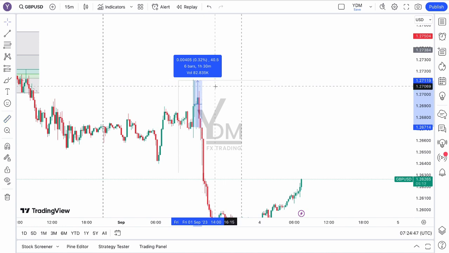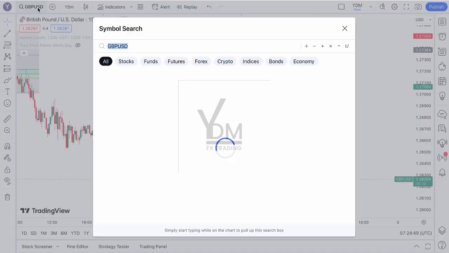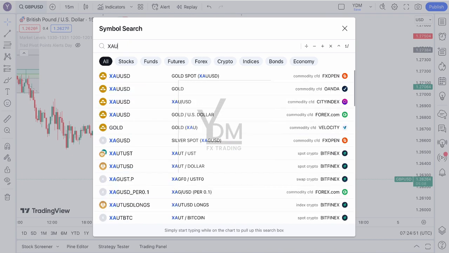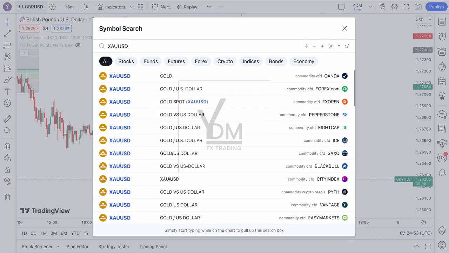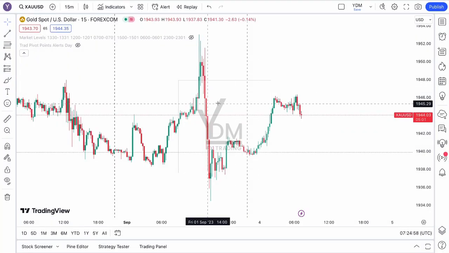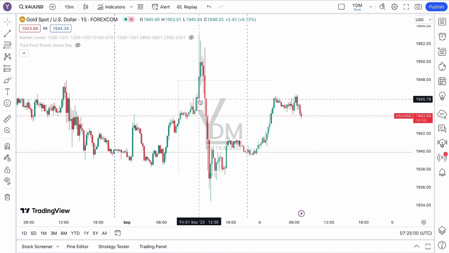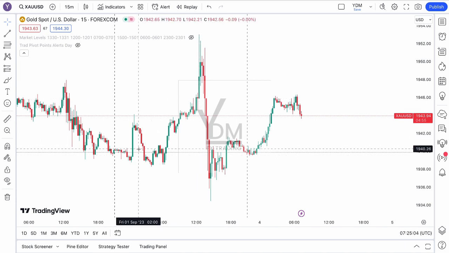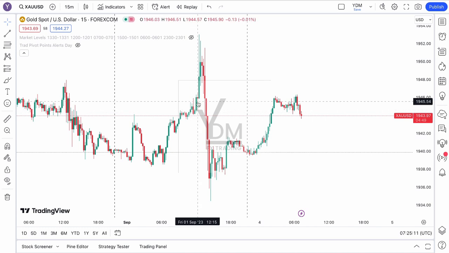If we check for gold, this was gold. You can see it was very clear. We had a very clear buy direction, a buy signal on gold. Remember I mentioned that previously.